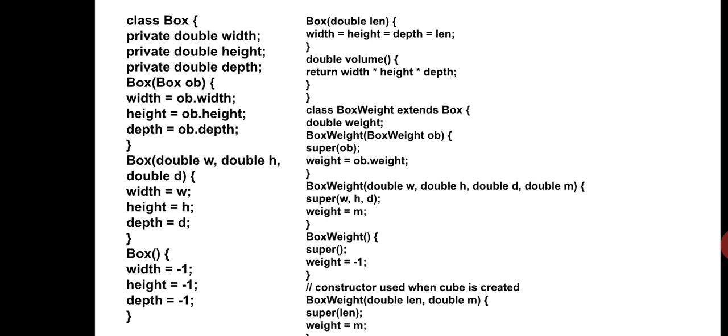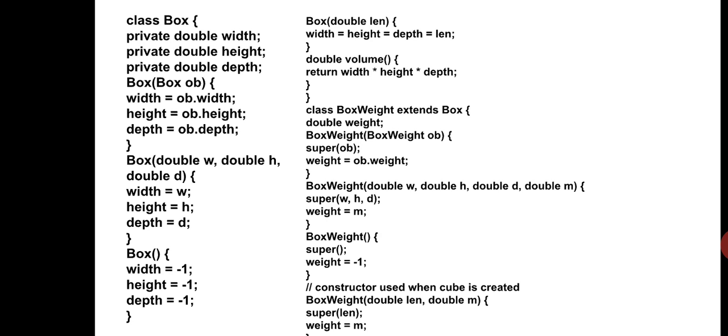Inside that, you can see you are calling the constructor of the superclass: super of ob, you are passing ob. By default, you are accessing the constructor of class Box. When you pass ob, which is an object, which constructor will be invoked? The first constructor, Box of Box ob, the one that takes an object, will be invoked.